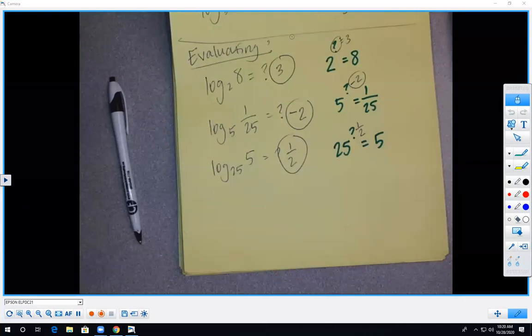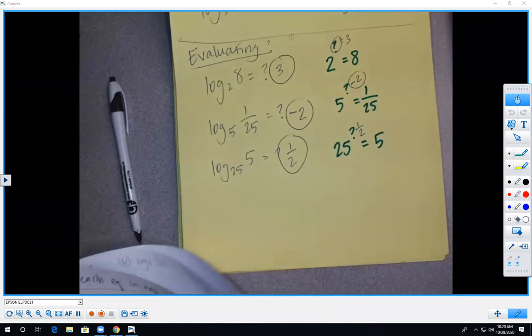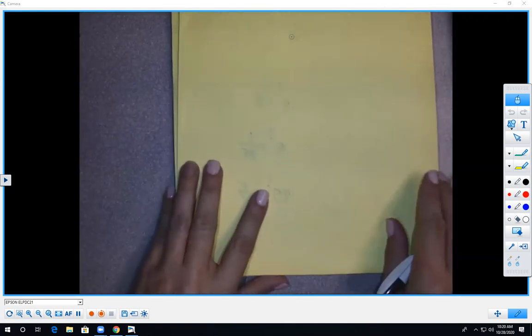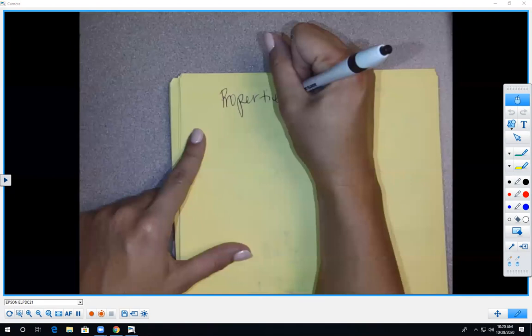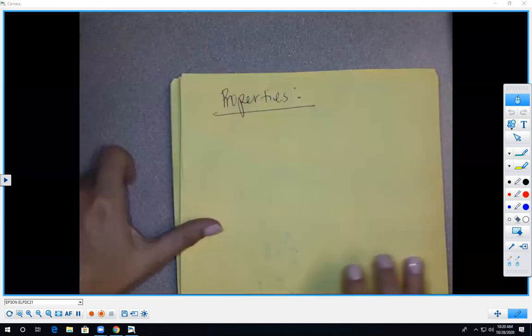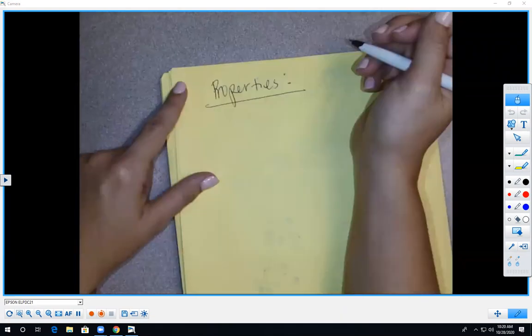Okay, we are going to get into some properties of logs. That's all the evaluating. These are nice because they make problems go a lot faster if you know the properties of logs. So the first property, let's do an example first, and then I'll tell you what the property is.